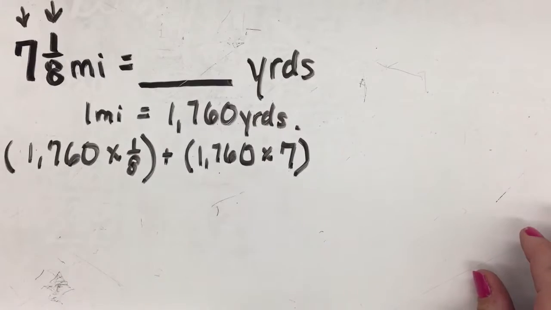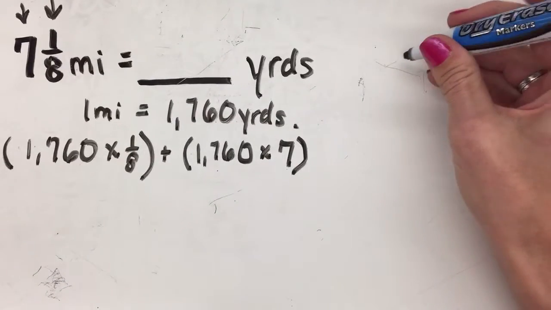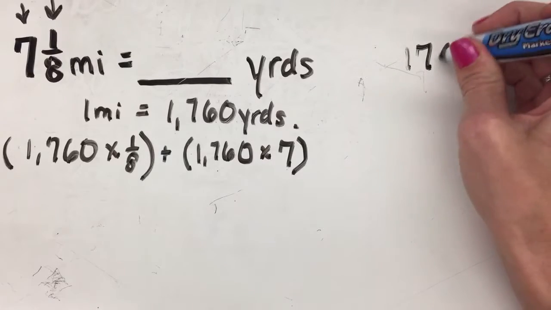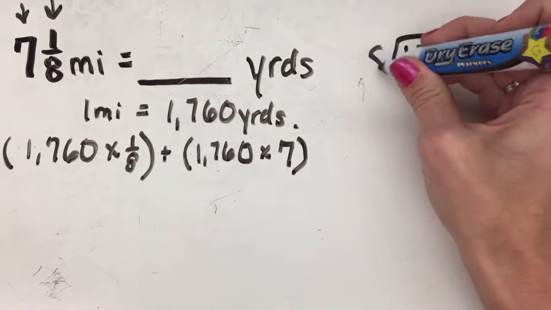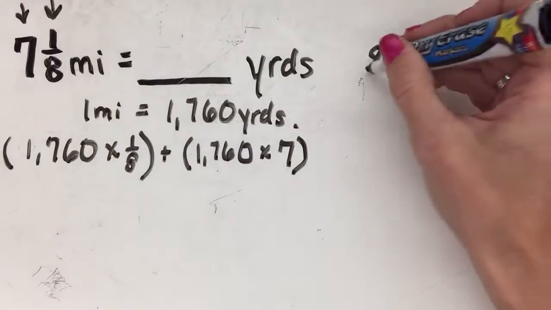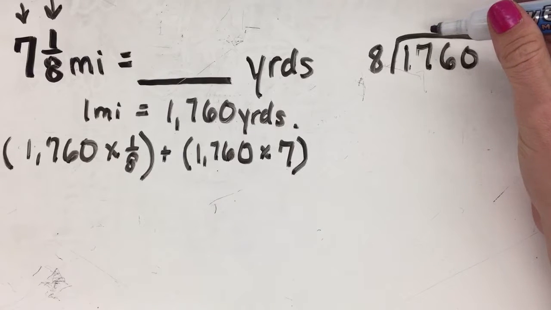So I'm going to slide my little work over here, and I'm going to write it out, 1,760. And I'm dividing it into 1/8 pieces, so I'm taking that and dividing it into 8 pieces. So how many times can 8 go into 17?